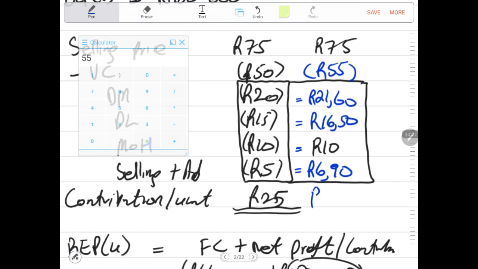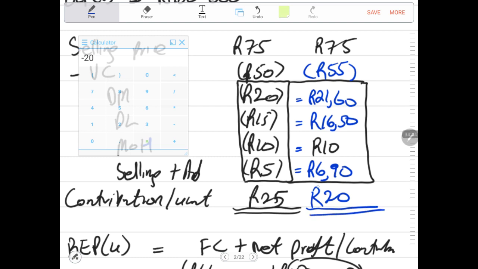That means our contribution will definitely be adjusted. Remember, our selling price remained the same and our cost went up. Therefore, our contribution will definitely have to decrease from 25 to 20 Rand. So now this is our new contribution.